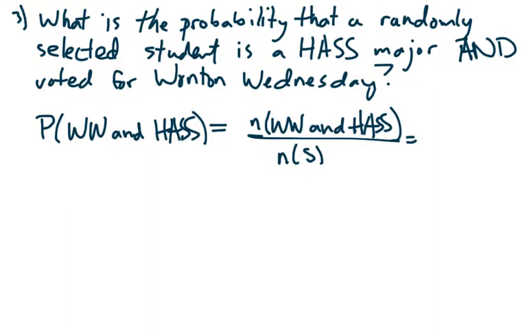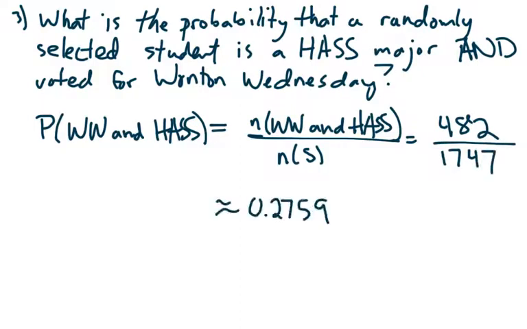So the number of people in that cell was 482 out of the same total number of people still. And not that this is really the important part, but that fraction is approximately 27.59%.